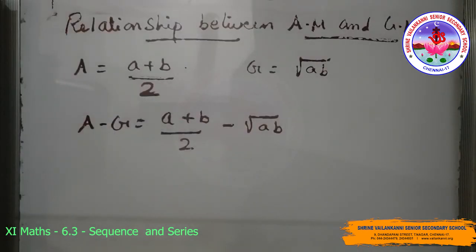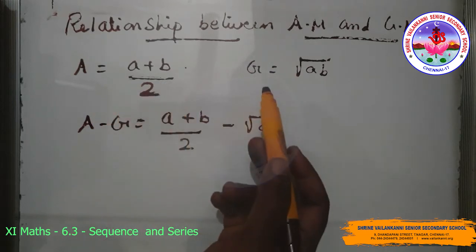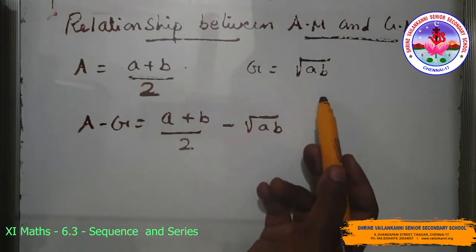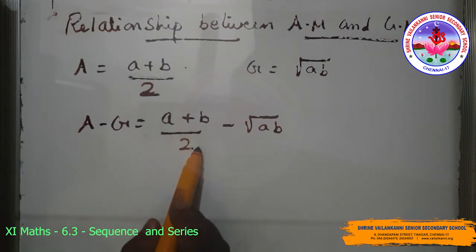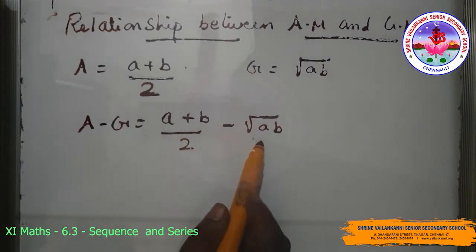Let A and G be the arithmetic mean and geometric mean of two given positive real numbers a and b respectively. Then A equals (a plus b) by 2 and G equals root of ab. A minus G equals (a plus b) by 2 minus root ab.